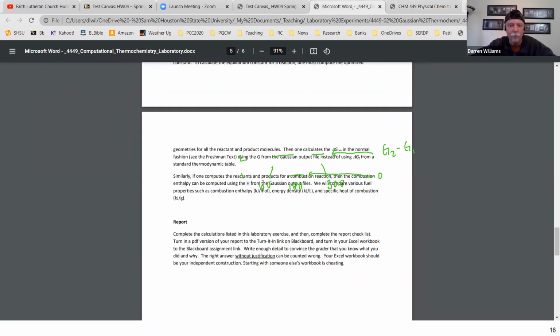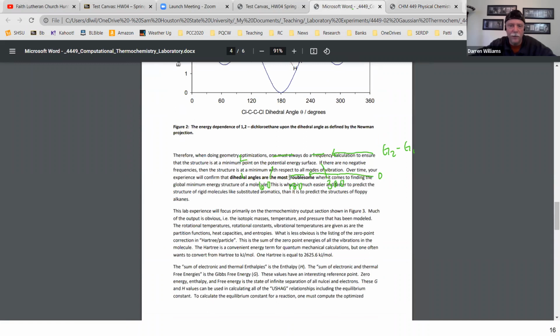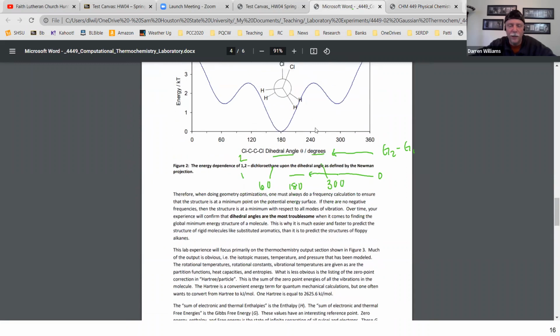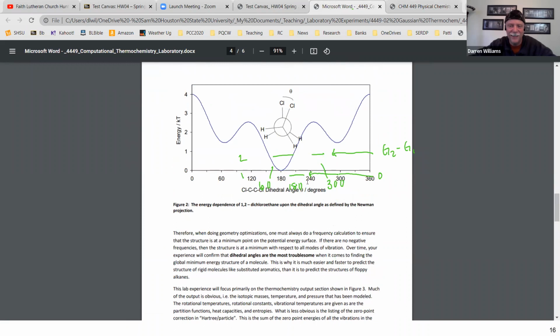Let me go back to annotate and erase all these things. Okay, there we go. Now, here's what I was saying about 0. Here are your bound states. And so this was G2 minus G1, right?